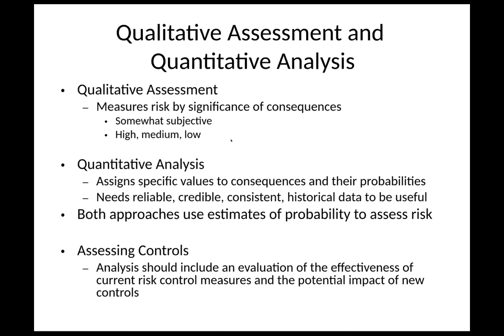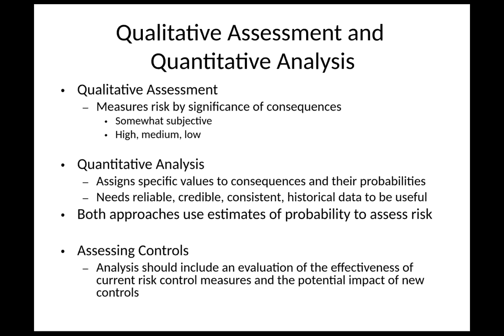So the types of assessments and analysis, you can have a qualitative assessment and quantitative analysis. So qualitative assessment will measure risk by significance of consequences. It is typically somewhat subjective when we talk about qualitative. Again, qualitative being qualities. And a lot of risk assessments and some of the tools that are out there, if you take a look at the University of California UCOP ERM program, if you do a Google search for that, there's lots of risk assessment tools.